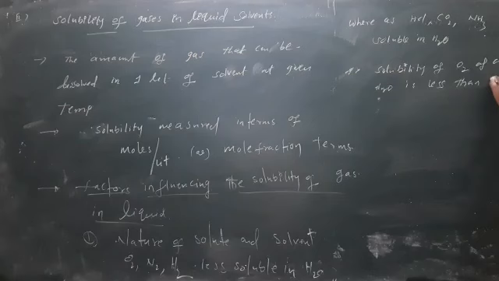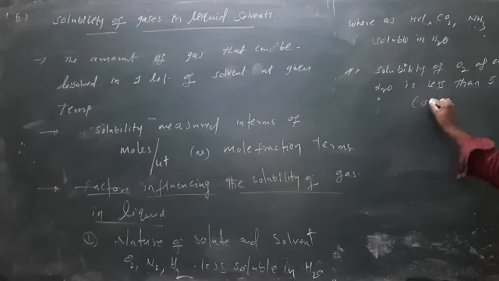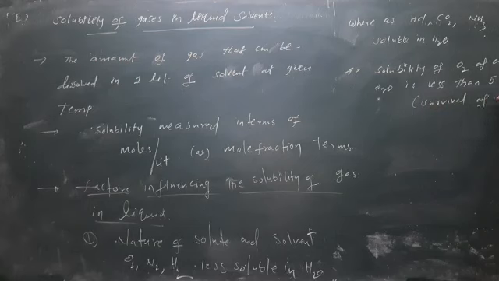Note this important point: the solubility of oxygen of air in water is less than 5 ppm, parts per million. Even though this quantity is small, this small amount is also used for the survival of aquatic life. So oxygen is less soluble, but that is also used for the survival of aquatic life.